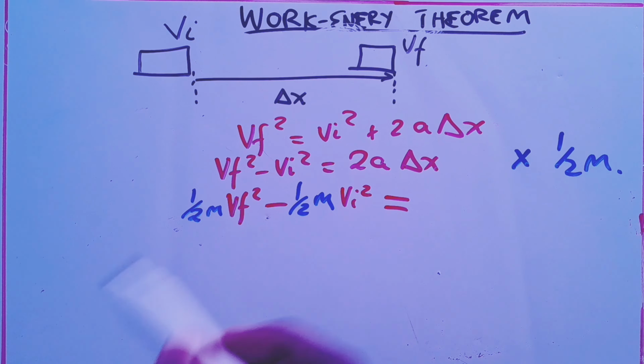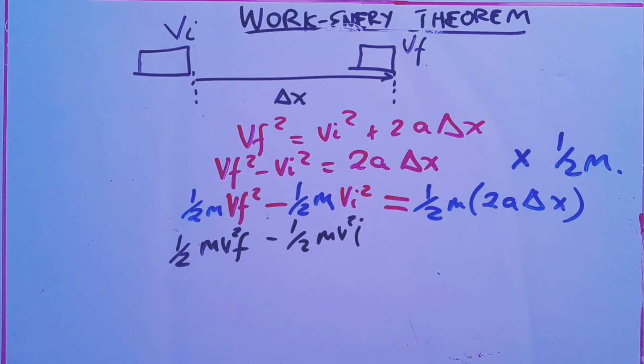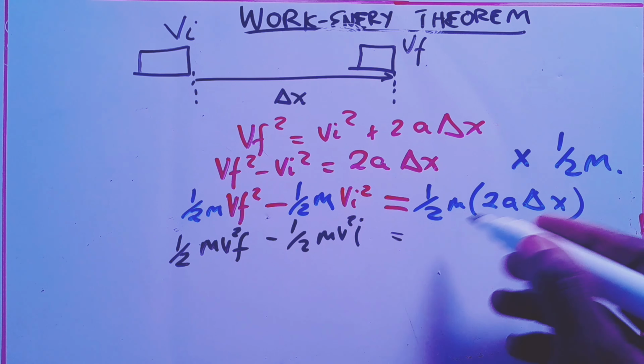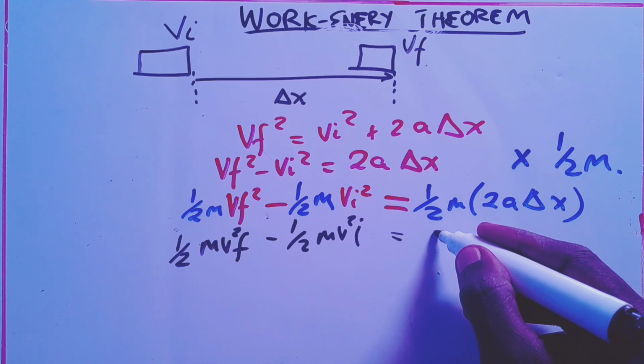Half m is multiplying everything in the equation. So this becomes half mv squared final minus half mv squared initial being equal to, half multiplied by 2 will cancel out, so we'll have ma change in x.